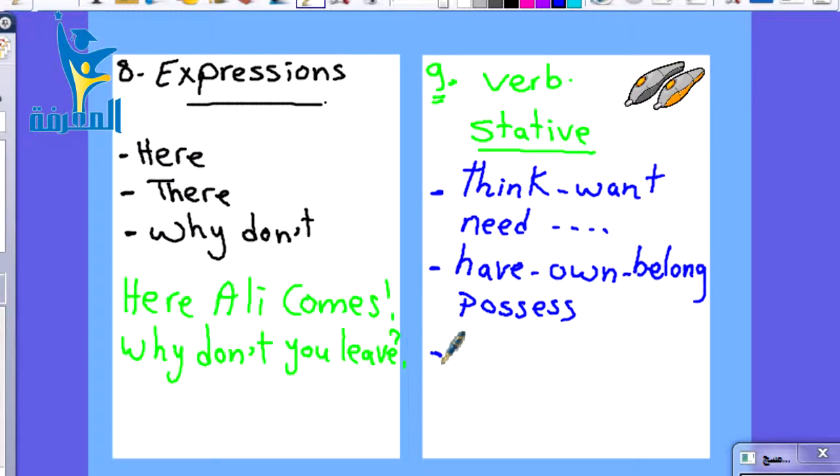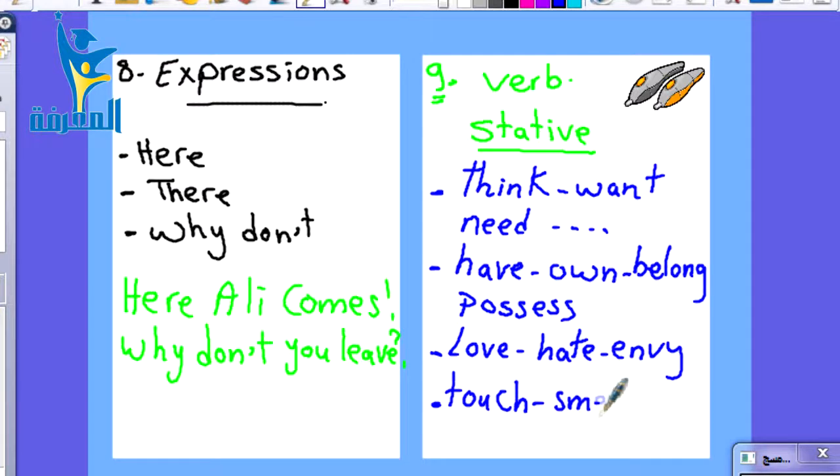Verbs that talk about our feelings, like love, hate, envy, and so on. Verbs that talk about our senses, like touch, smell, and so on.